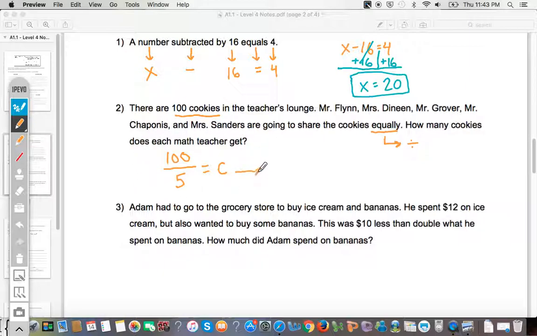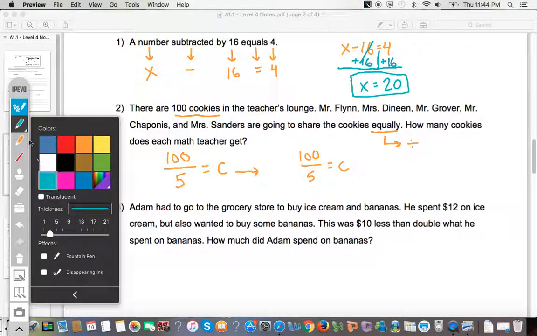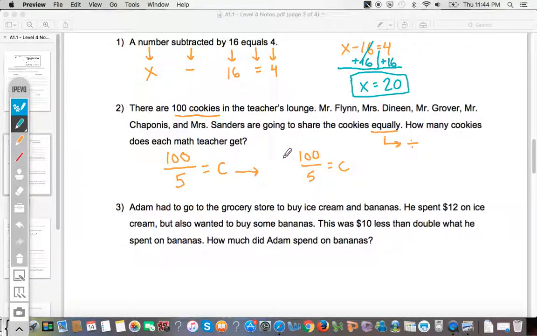So let's solve this. I'll rewrite it. Okay, so I'm going to multiply by, actually we don't need to multiply at all. What I was going to do, I was going to multiply by 5 on both sides. 5s would cancel.